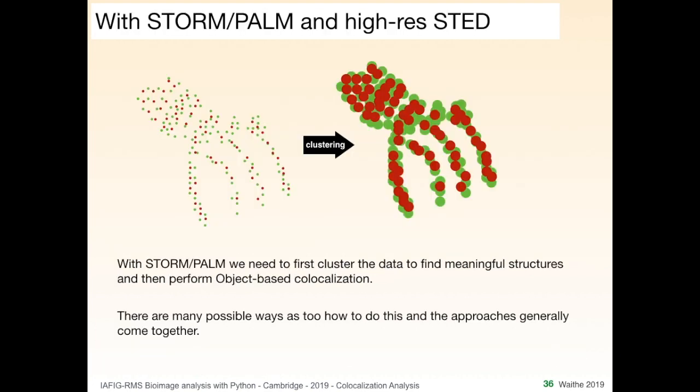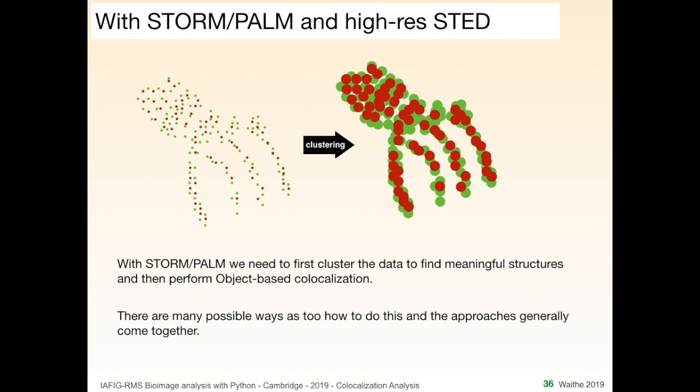But with STORM PALM, it's more tricky because with STORM PALM, and we'll talk about how this works on Thursday, you are actually not isolating clusters of protein, distributions of protein like you do with STED. You're actually able to identify single emitters of fluorescence. And then what you typically do is you do some kind of clustering operation to link up the individual emitters, which are spatially nearby each other, either due to the accuracy of the system that they overlap in that sense, or they are close enough to each other to form what you think is a cluster in the cell.